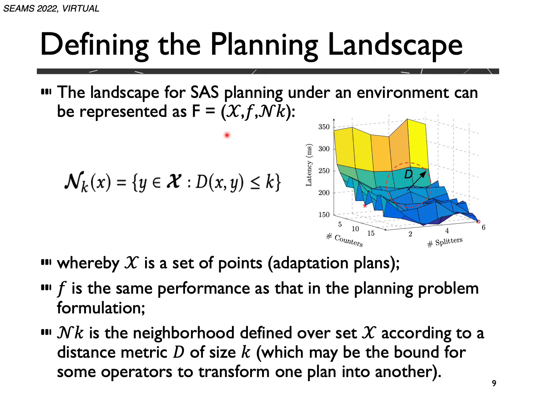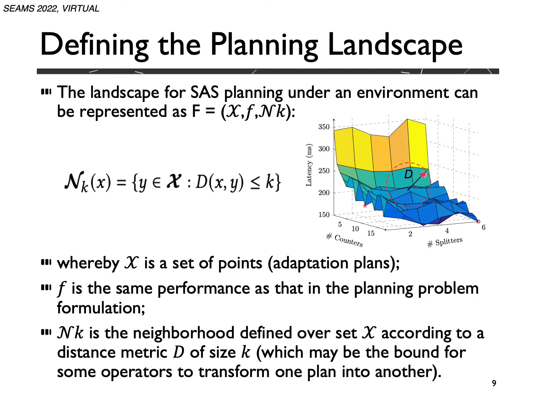It could be represented by a tuple with X, f, and N_k, where N_k denotes the neighboring plans of a particular point in the search landscape, and k depends on how far we want the neighbor threshold to be.